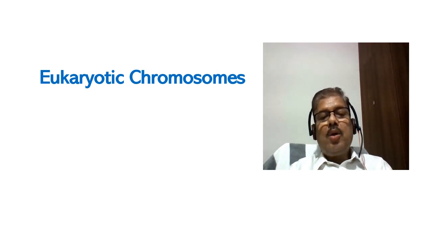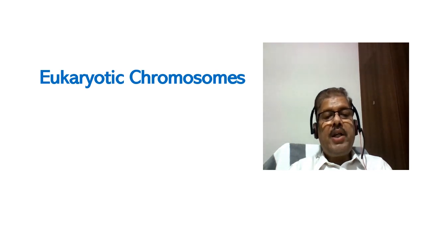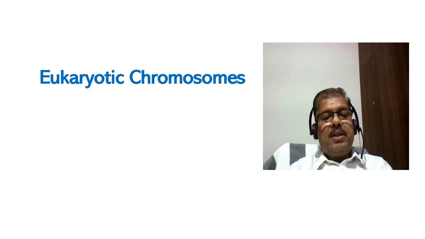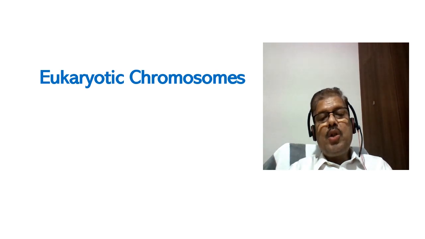Each eukaryotic chromosome is composed of DNA coiled and condensed around nuclear proteins called histones. The term chromosome was first coined by Waldeyer, and the word chromatin was introduced by Walther Flemming.